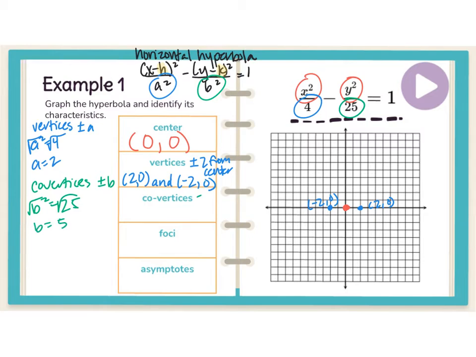So that's going to be plus minus 5 from the center. But these have to be above and below. So that would be, oh, not 5, that would be 0, 5, and then 0, negative 5.